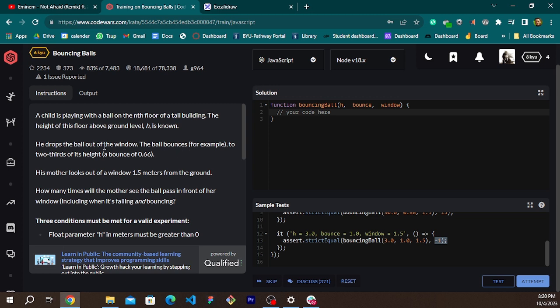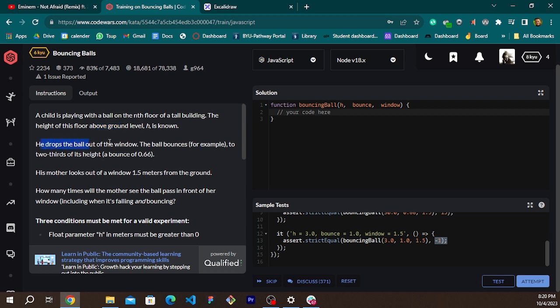All right, so let's read it. We have a child playing with a ball on the nth floor of a tall building. The height of the floor above ground level, h, is known, right? So that means the height where the child is standing is called h, and it's given.